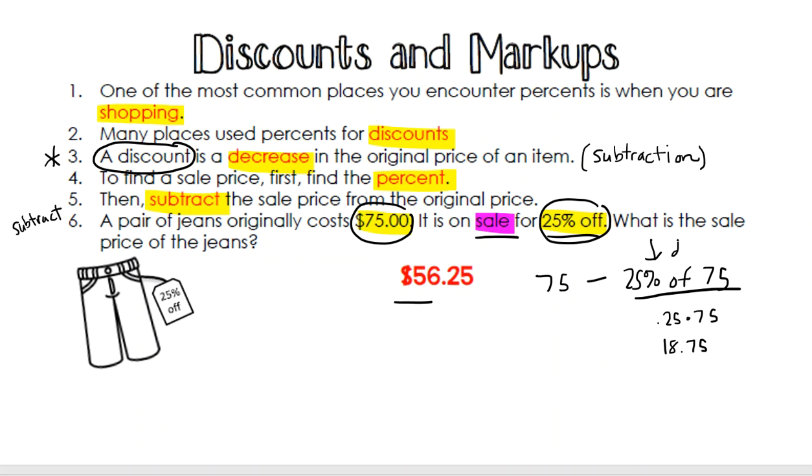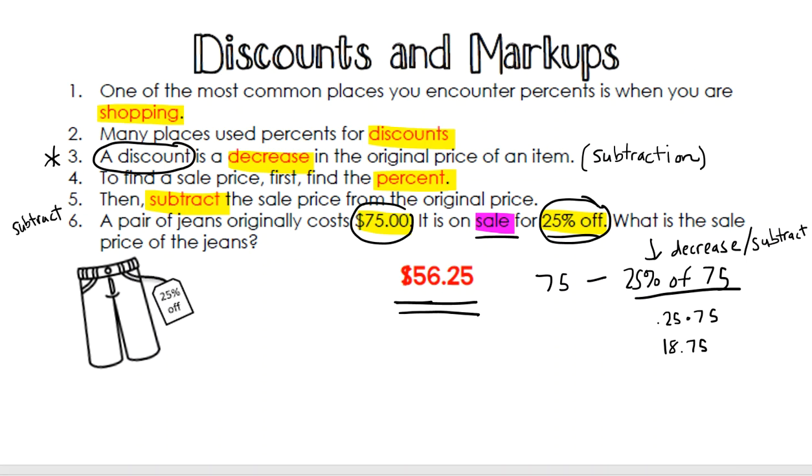This is our decrease. This is what we get to subtract from the original price. Okay, so if I take 75 and I subtract 18.75, I get 56.25. So that's what you pay for the jeans. If the jeans originally cost $75, but they are on sale for 25% off, you're only going to pay $56.25.